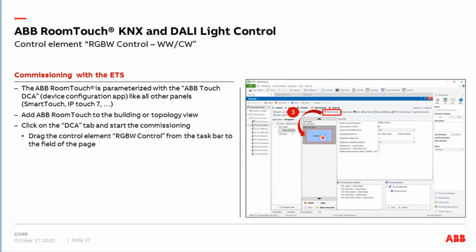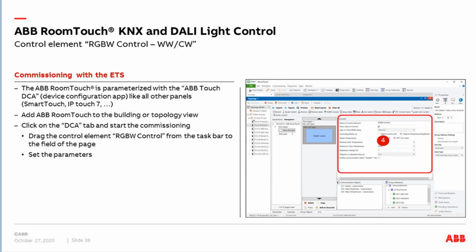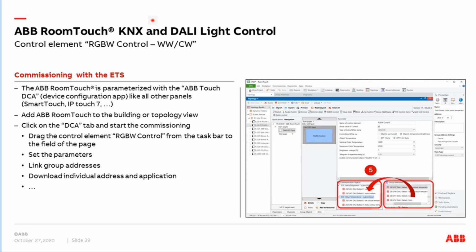Such a RGB control element can use a complete page, or we can have 2 or 3 control elements on one page. So it depends on the settings. Then again we set the parameters of this tunable white control like before, and at the end we link the group addresses from our group address view to our group objects, download, and so on.